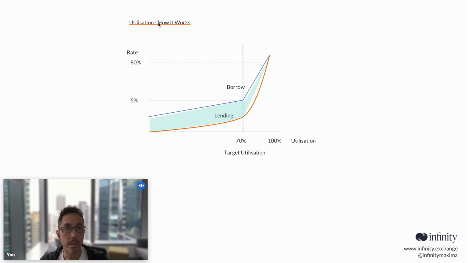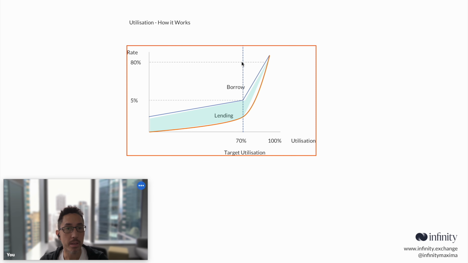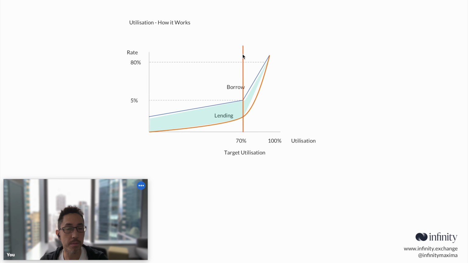If you may recall, in terms of utilization, the way it works is it's a ratio between the number of borrowers and the number of lenders, and it's what today's lending protocols use to facilitate a market. As that ratio between lenders and borrowers moves around, they use that to determine the interest rates.